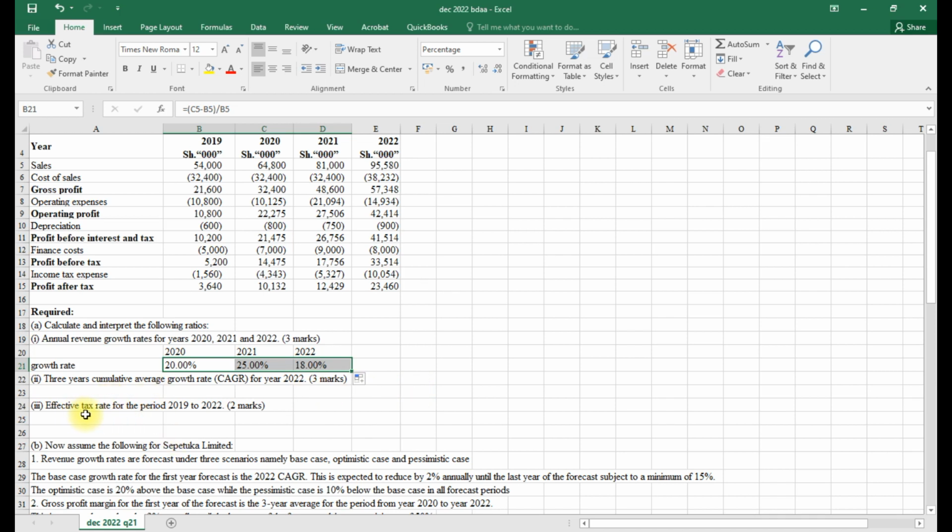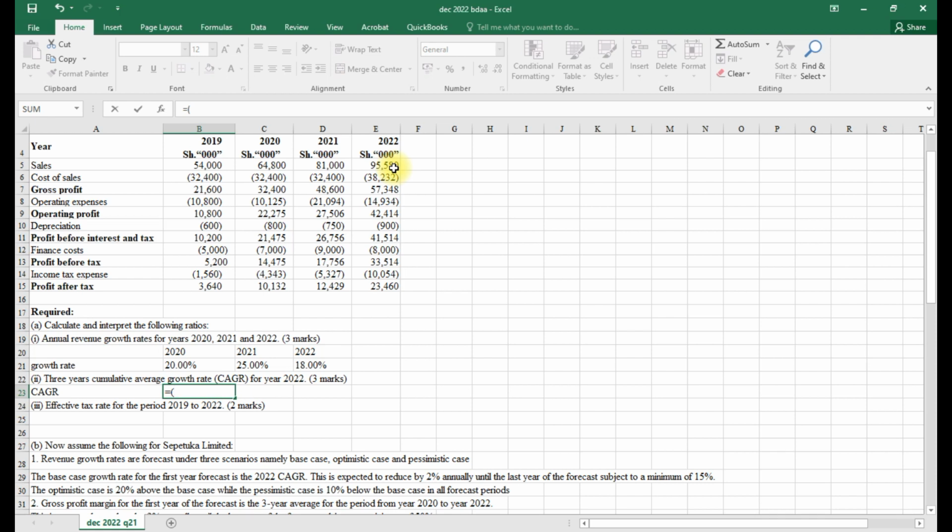Then you have the 3-year cumulative average growth rate. This is the CAGR for the year 2022. It's a cumulative average, so 3-year from 2020 to 2022. So we shall take this, I will open the bracket.